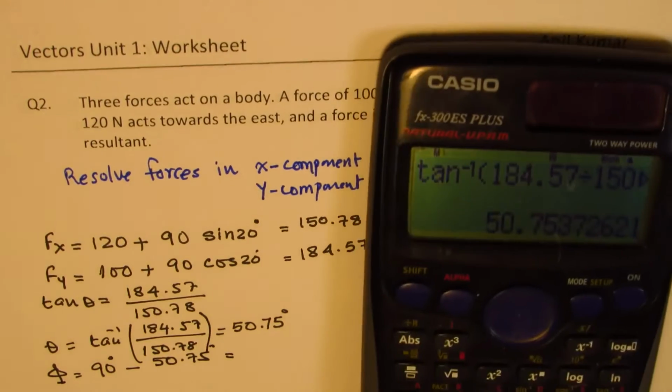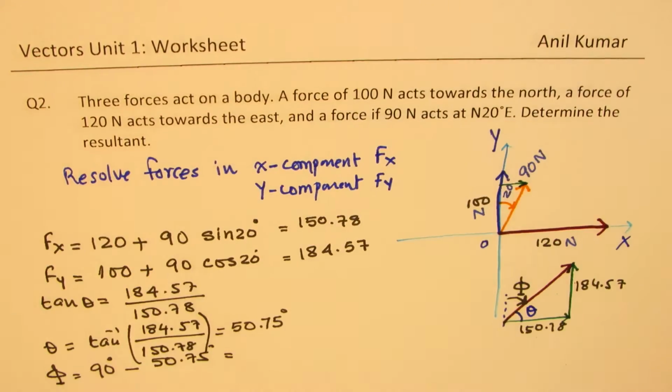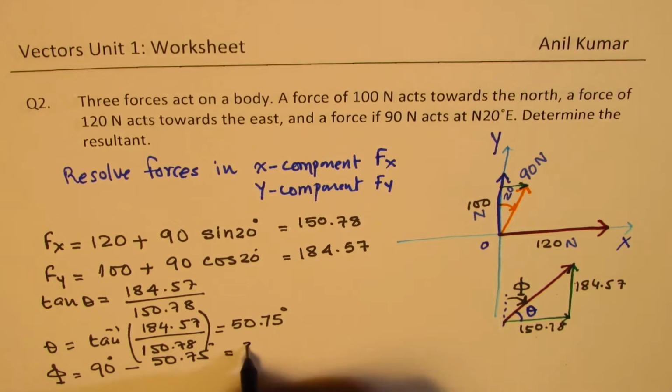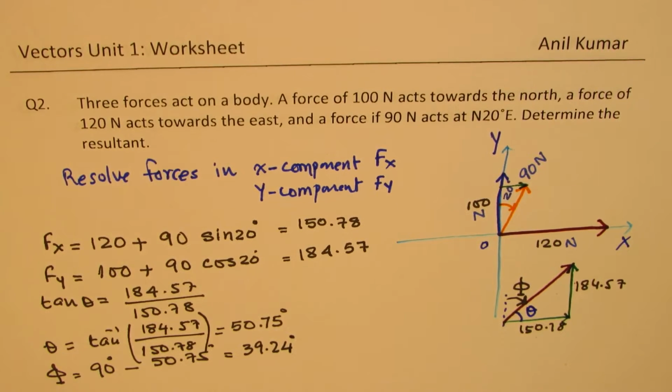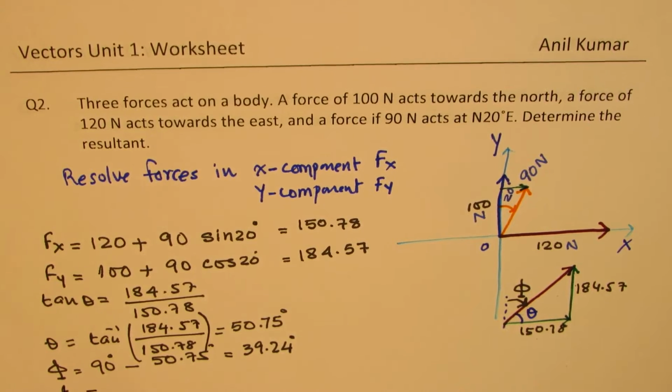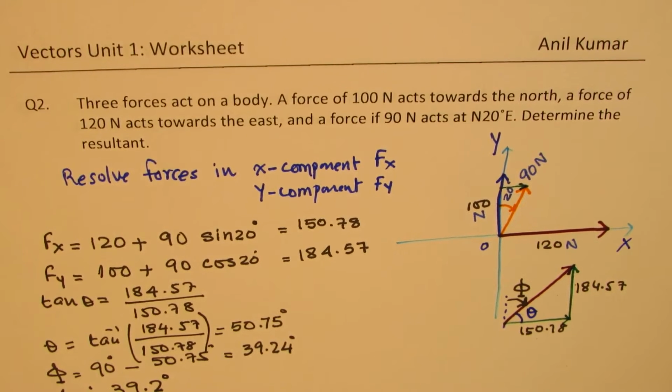So let's take away from 90 our answer, and write down 39.24. So we can approximate this as 39.2 degrees, right? So that becomes the angle of our resultant.